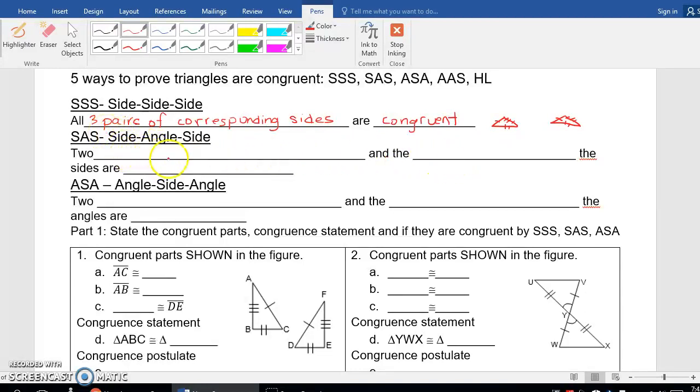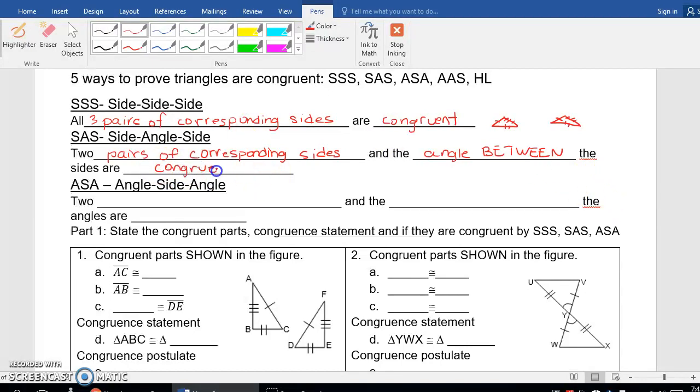Number 2 is side, angle, side, where 2 pairs of corresponding sides and the angle between them, emphasis on between, the sides are congruent.